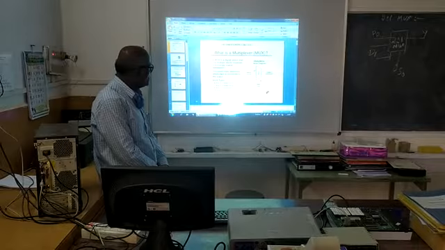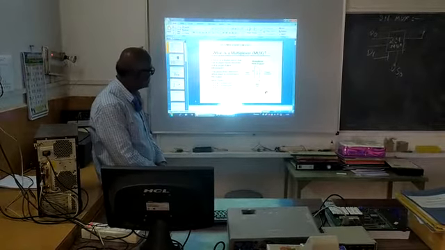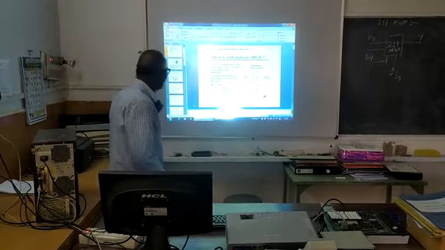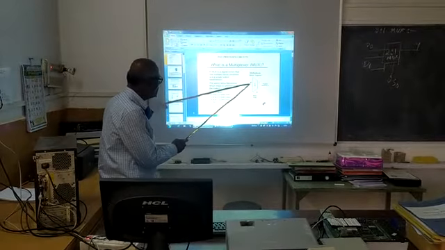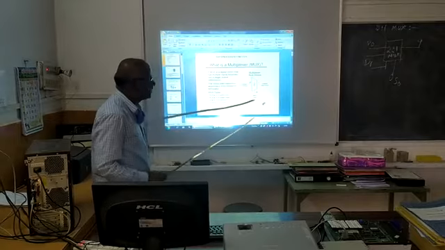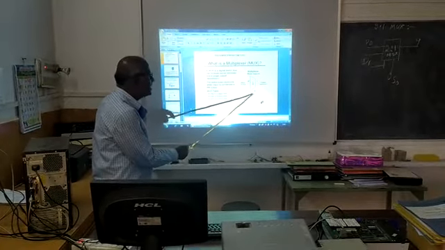According to that, here is shown the block diagram of a 2:1 multiplexer. It has 2 to the power of n inputs, where n is the number of select inputs.